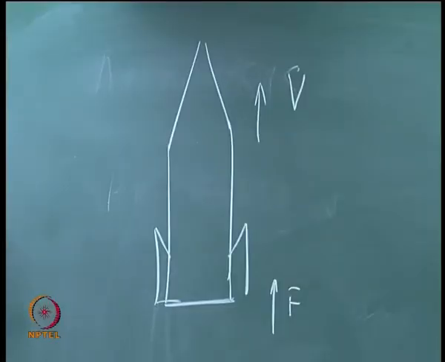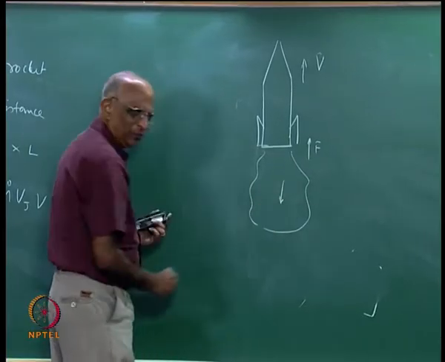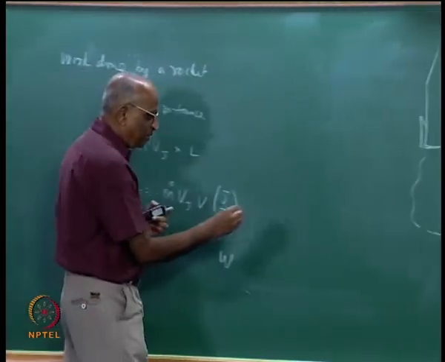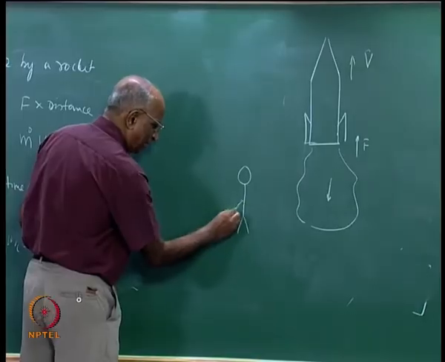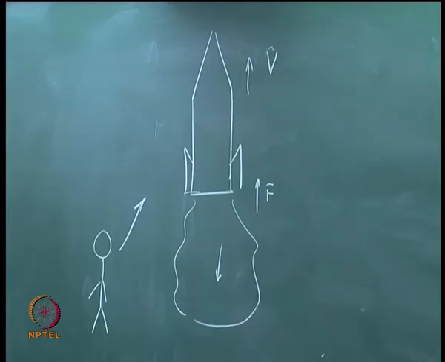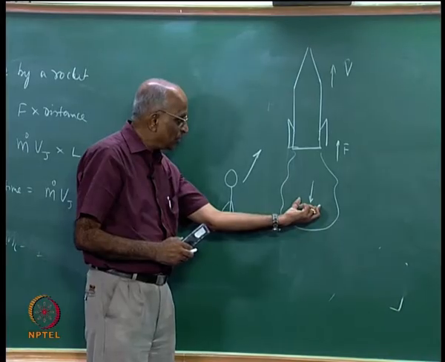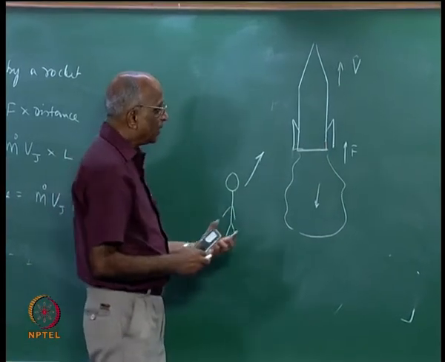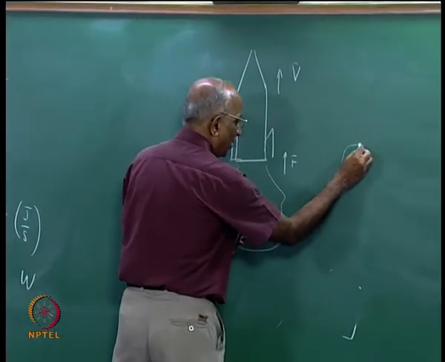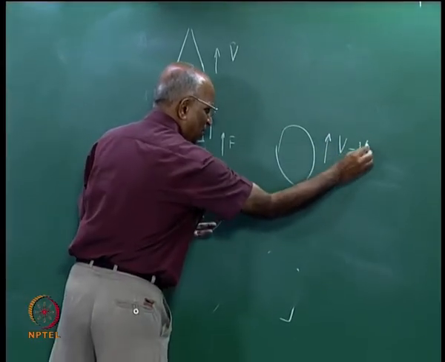See, as the rocket is getting pushed up, the plume is going down. Again, I picture myself, I am in the inertial frame of reference, I am standing here watching the fun of the rocket going up. What do I see? I see that this plume is now going down with a velocity Vj with respect to the rocket, or rather, as the rocket is going up, the plume is going up with a velocity v minus Vj.